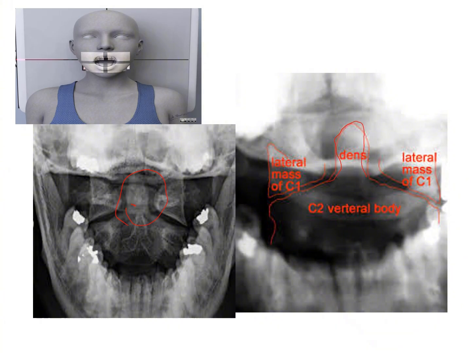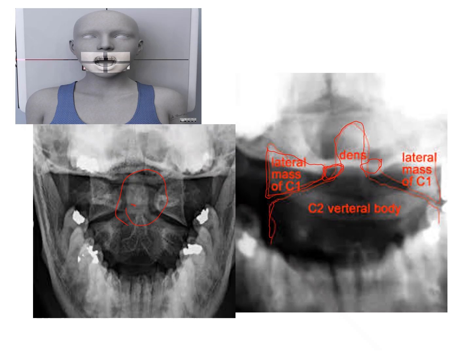And the second cervical vertebra, that is C2, we can see here, and this one is the C1 vertebra, and the articulation of the dens with the first vertebra. Here we can see.